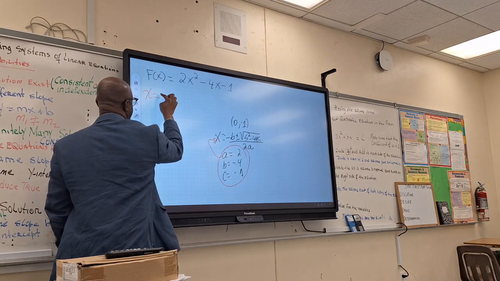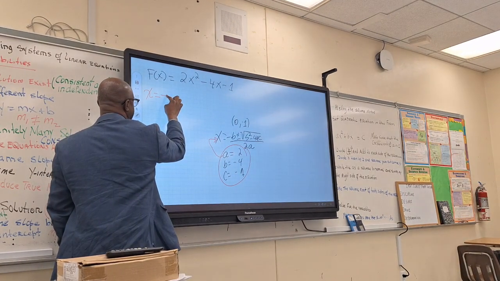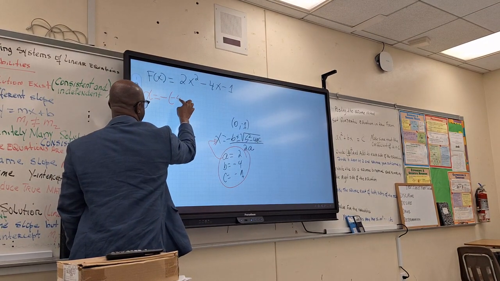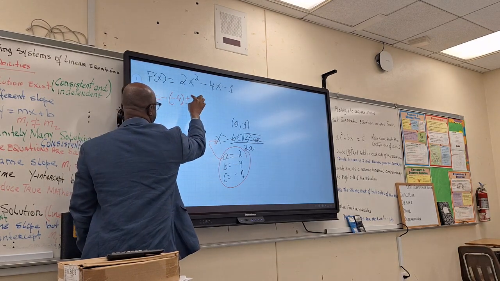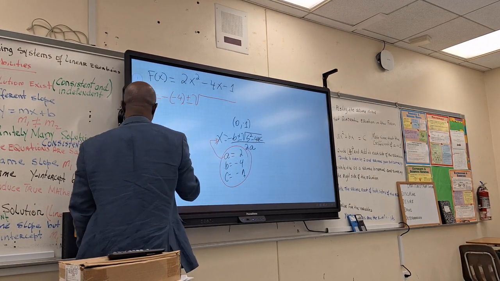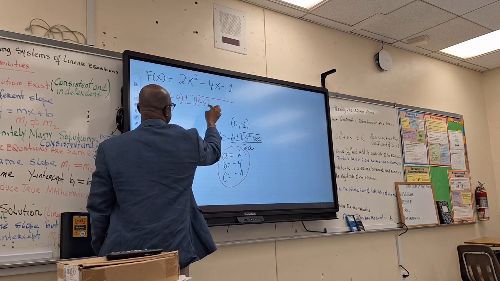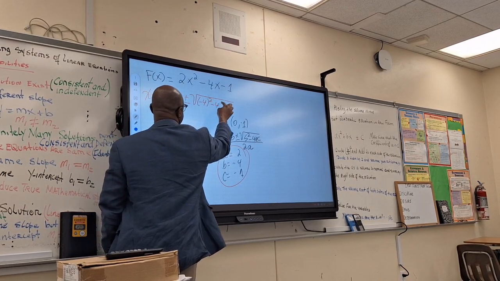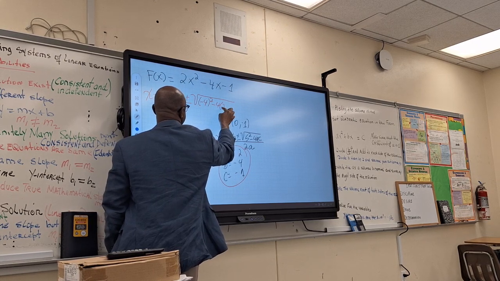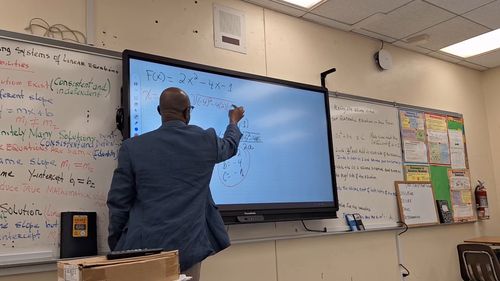x equals minus -4, exactly. Plus or minus the root of -4. Again, what to do with -4? You square it. Minus 4 times 2 times -1.